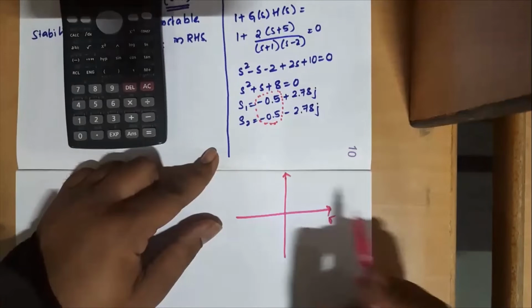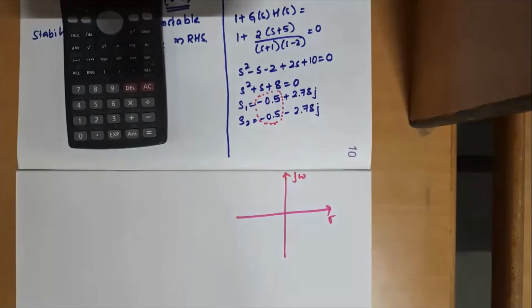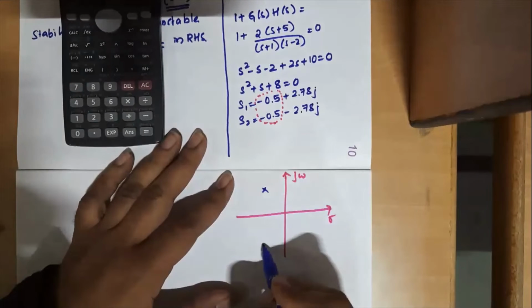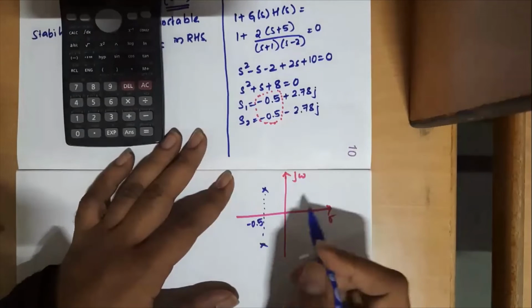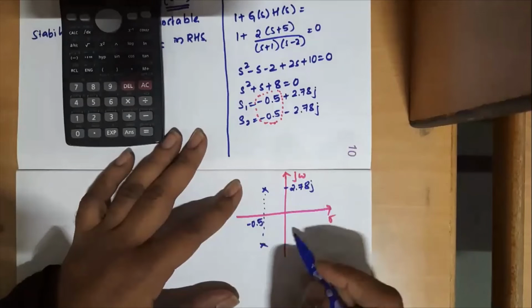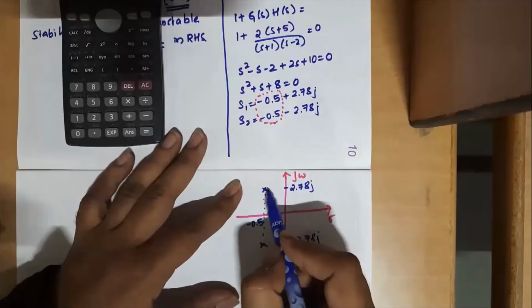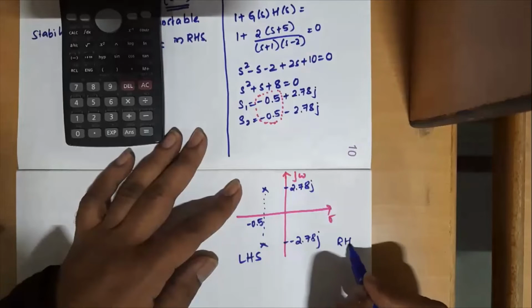This is for closed loop. Minus 0.5 is the real part and 2.78 is the imaginary part, and these cross marks represent the exact location of poles. This is LHS, this is RHS.